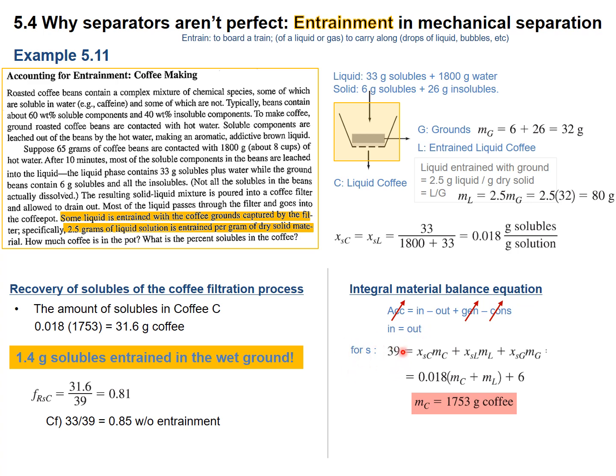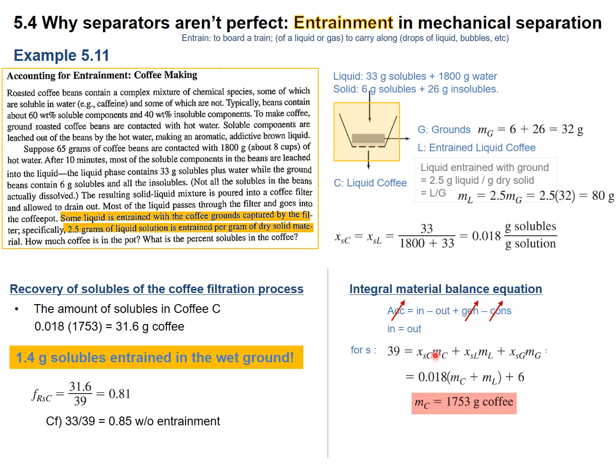So in is 39 solubles: 33 gram in liquid, 6 gram in solid. So 39 gram is equal to the C stream plus L stream plus G stream. Even if we have one single stream having G plus L, let me split it into two streams like that. So the total summation of the soluble amounts in those three output streams equals the 39 gram solubles in the feedstock.